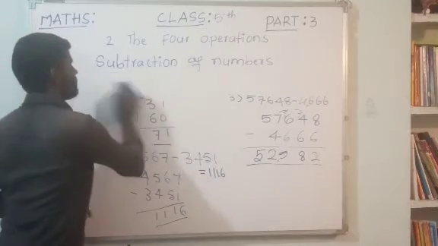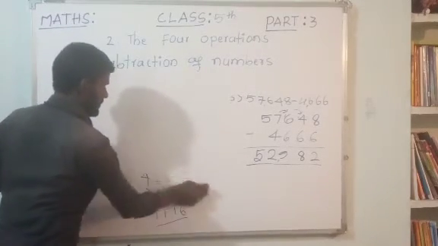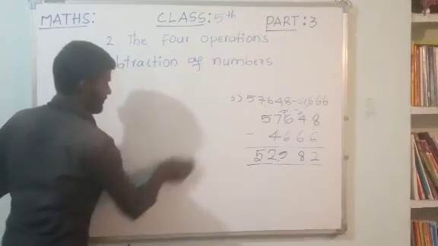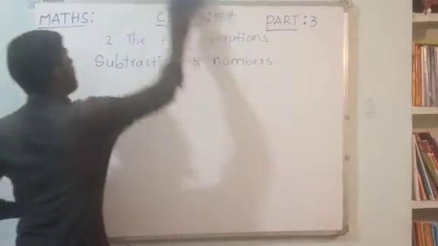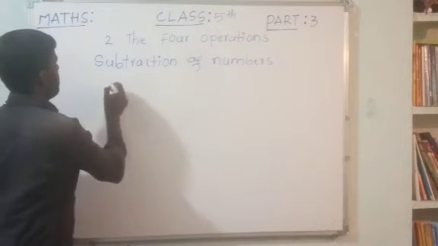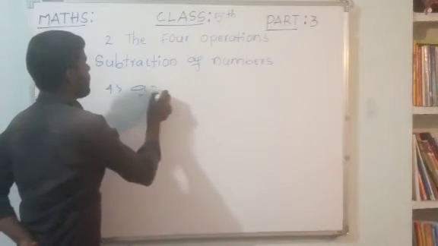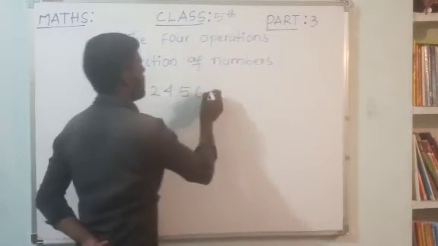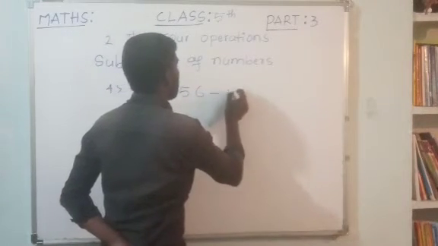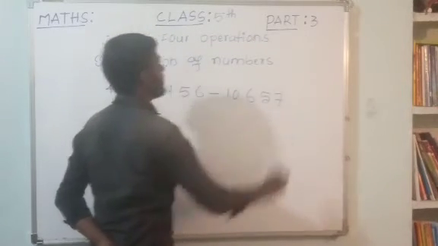Example 4, dear children. Suppose 92,456 minus 10,657.